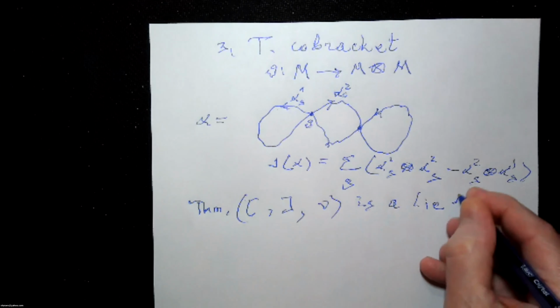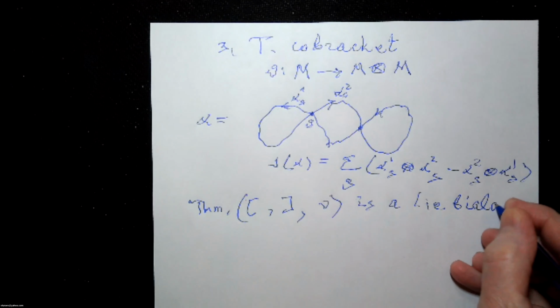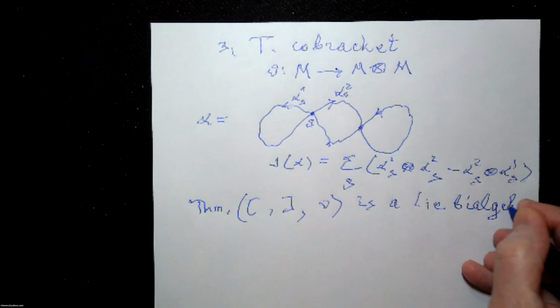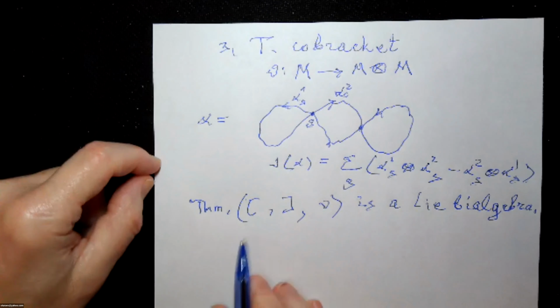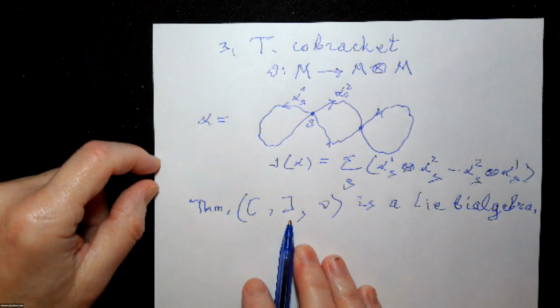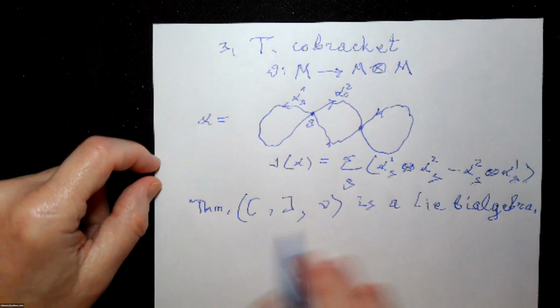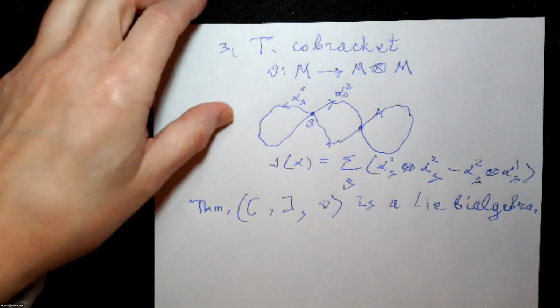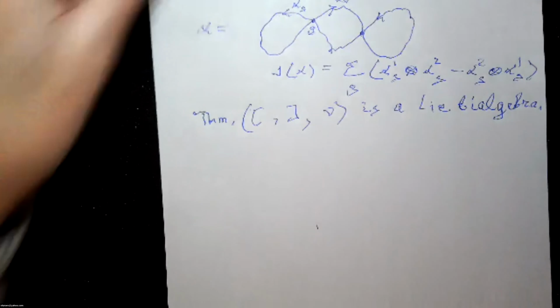All these notions which I don't define, you can find easily in the literature. Which means that this is a Lie algebra, this is a Lie co-algebra, and they are compatible in some way. All right, that was known for a long time.